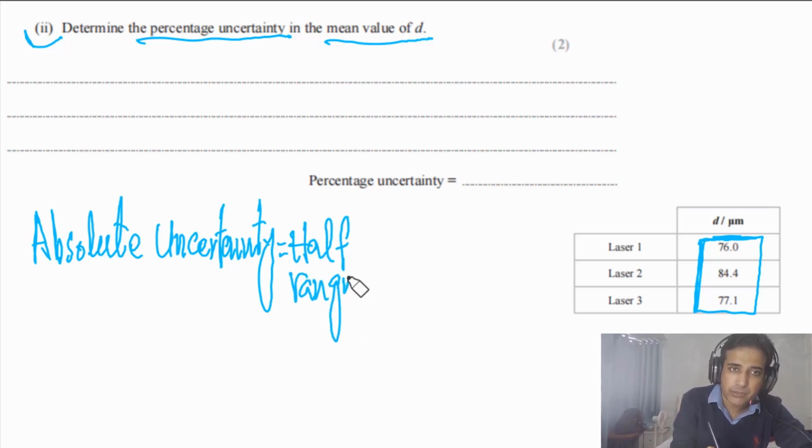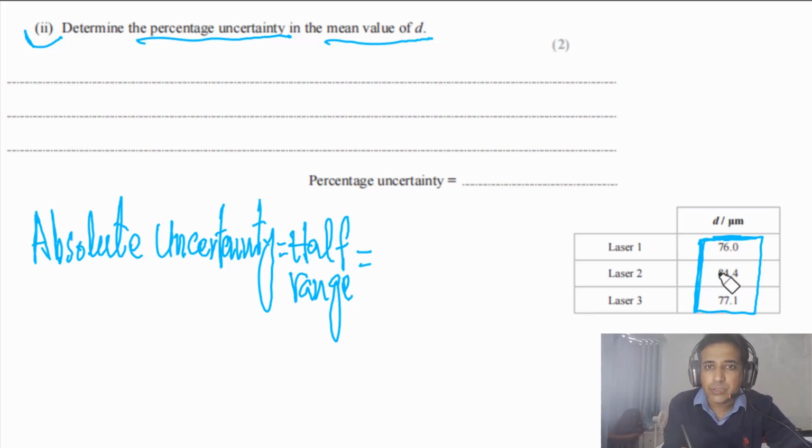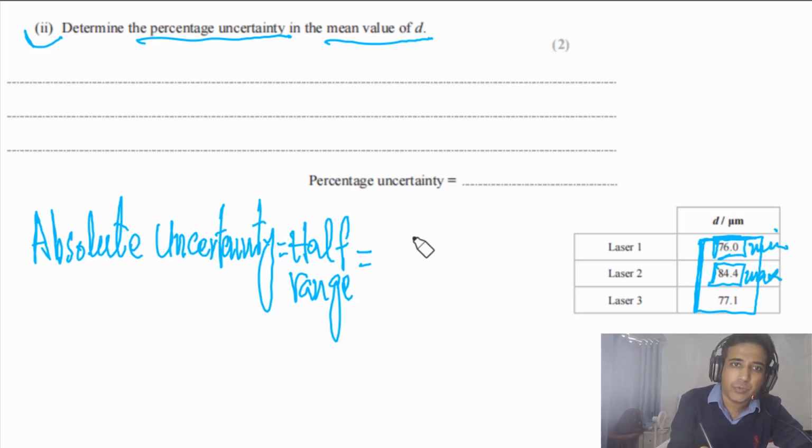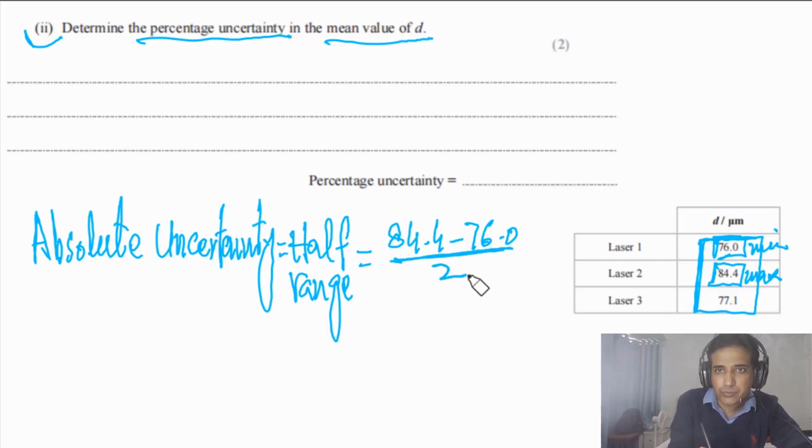This one is the maximum reading and this one is the minimum reading, so we write maximum minus minimum. This is the range, but we need the half range, so we divide by 2.